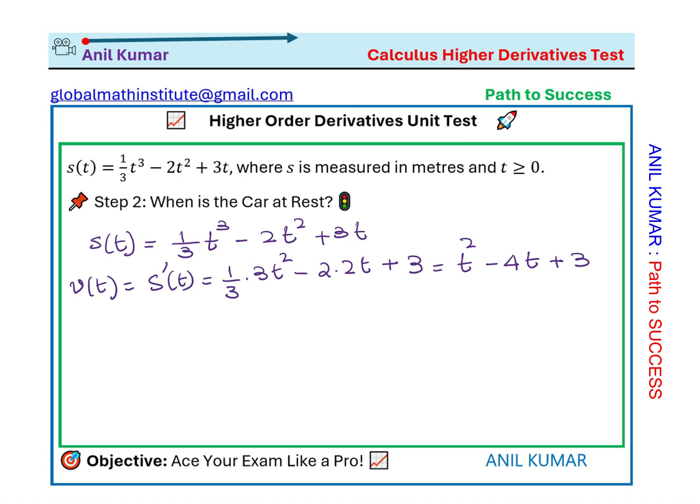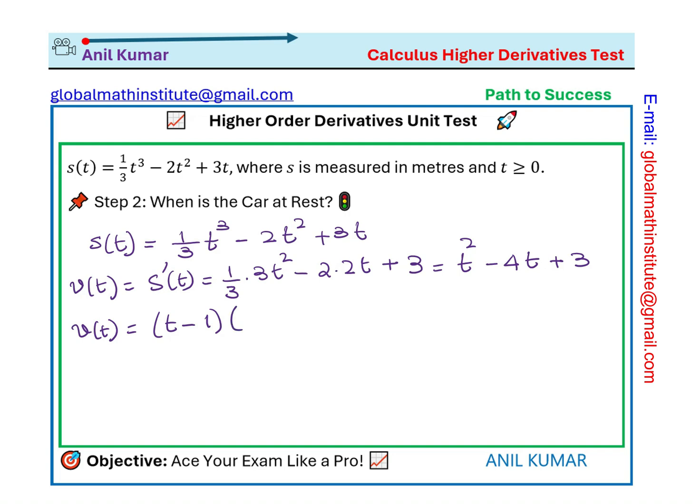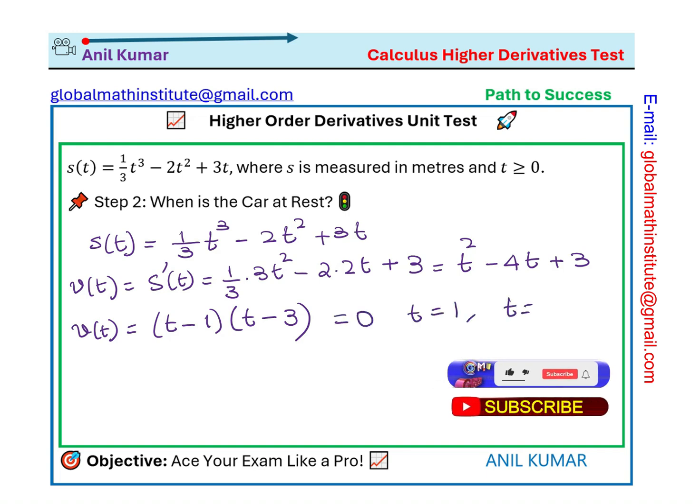Now we can factor this, right? So velocity can now be written as, 3 times 1 is 3, and both minus will give us minus 4, so (t minus 1) times (t minus 3). Now, for velocity to be 0, t is equal to 1 or t equals 3. You get the whole idea.